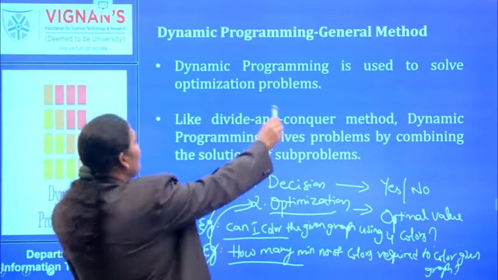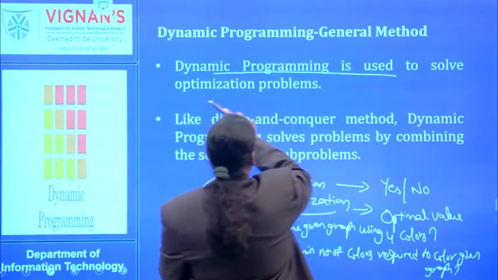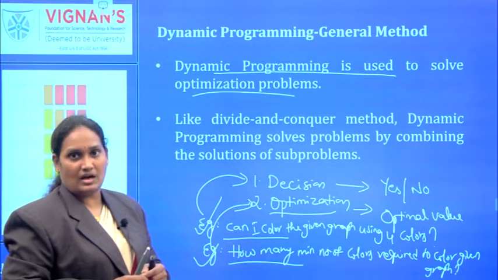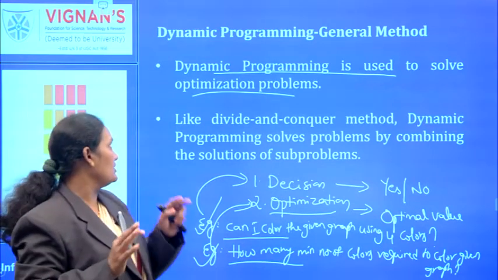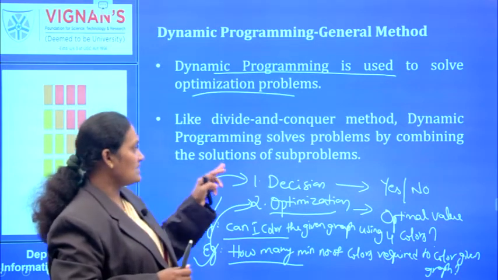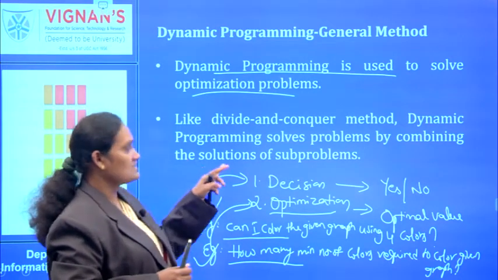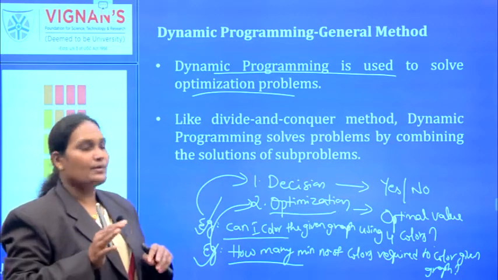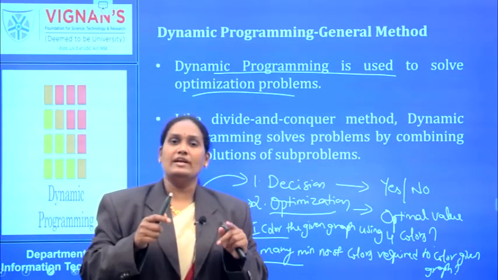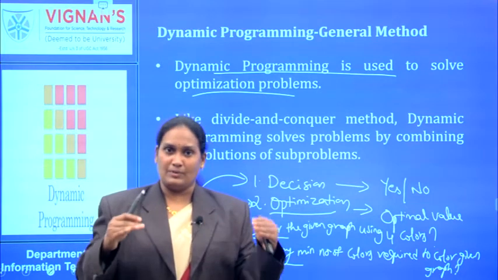Here our dynamic programming is used to solve optimization problems. And like the divide and conquer method, dynamic programming solves problems by combining the solutions of subproblems. You can understand that in divide and conquer, we divide the given problem into subproblems.